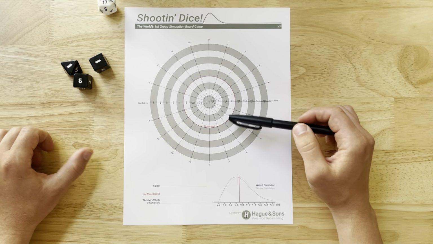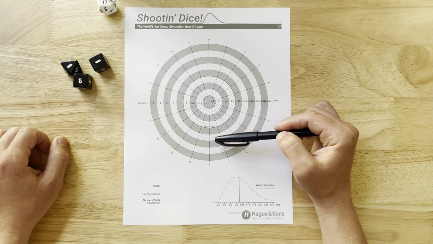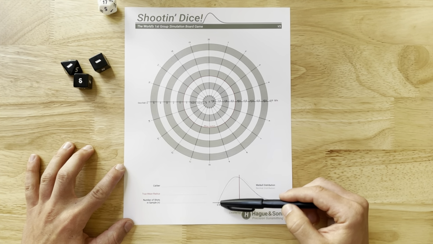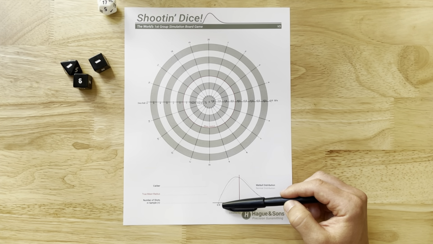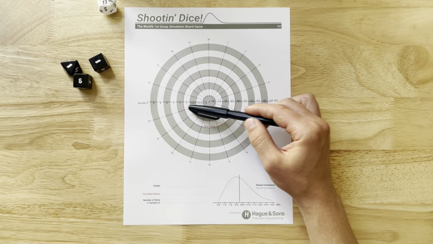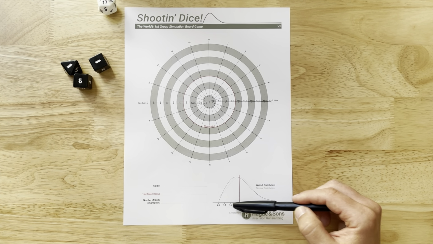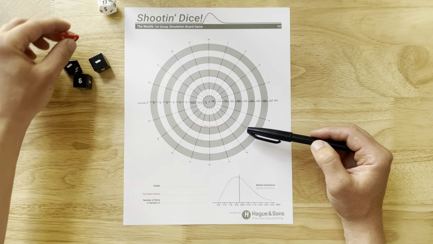But inside the mean radius, we stack the 2 and 5 and the 3 and 6 to more closely approximate the probability of distribution inside the mean radius on this 0 to mean radius section of the target.